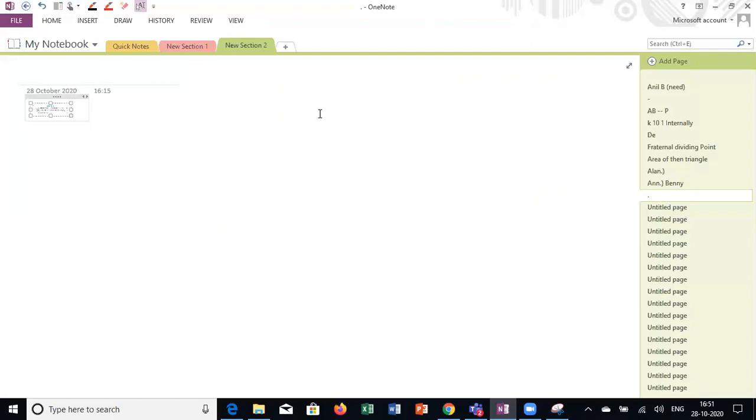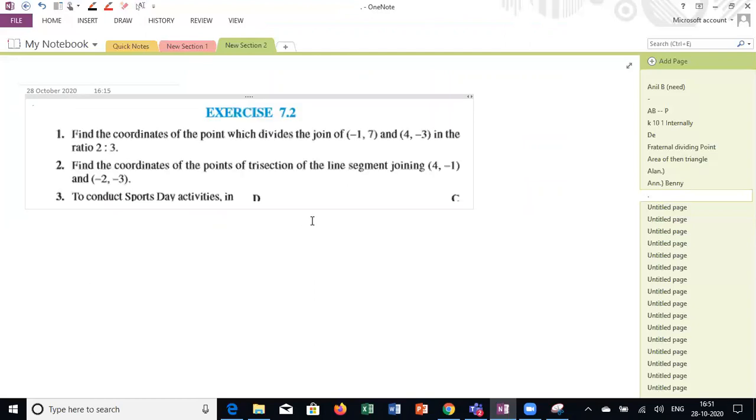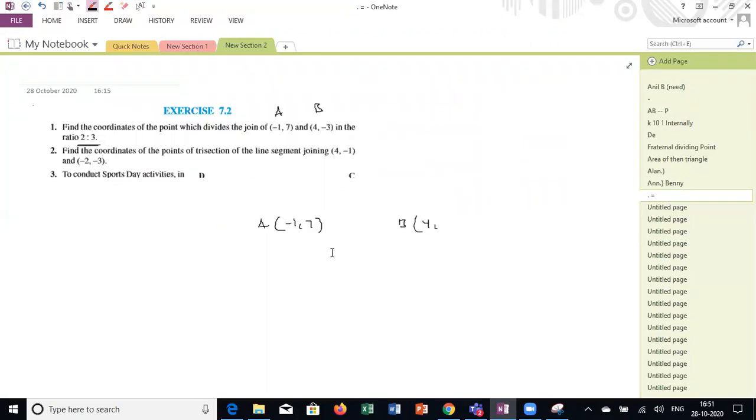Assume this is A, this is B. So A is the point minus 1, 7. B is the point 4, minus 3. And this is dividing in 2 to 3.